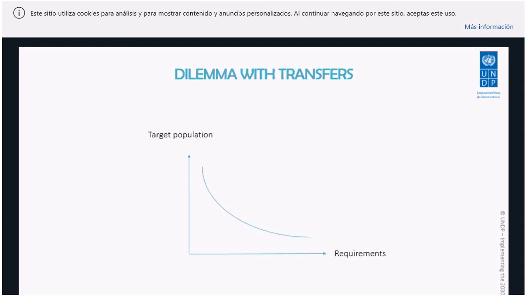You will be faced with a typical dilemma, which has triggered a spirited debate over the last years: universalization versus targeting, right?